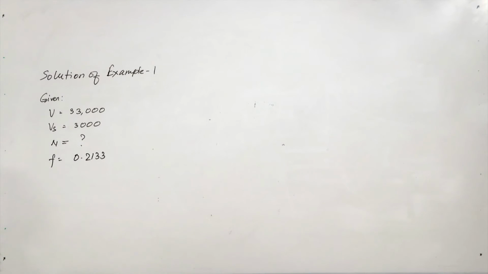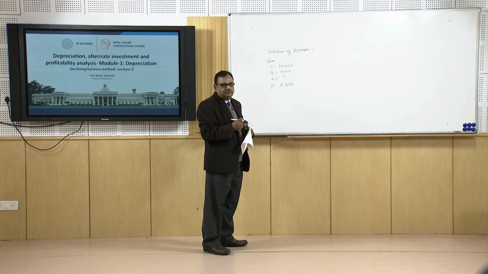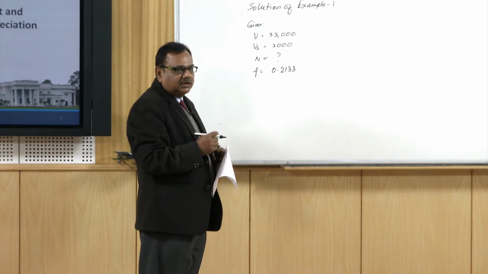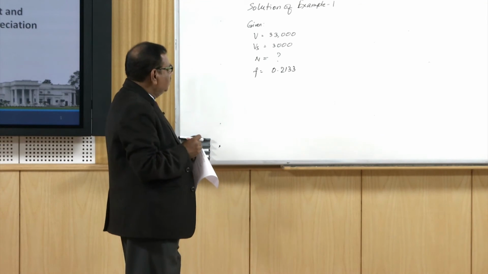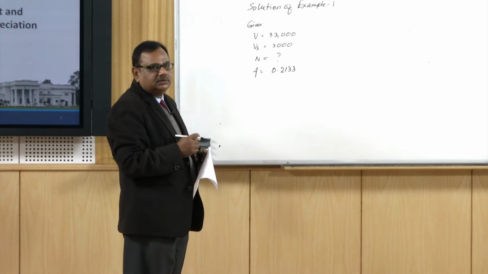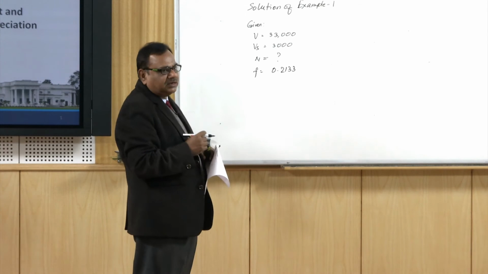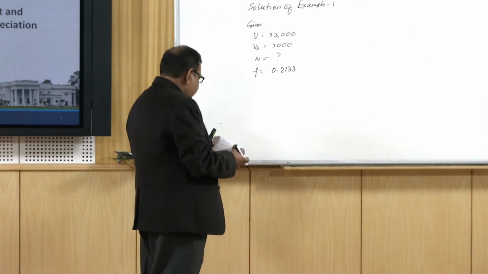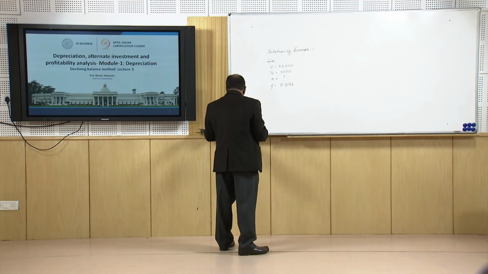So, my V is given, the original value of the equipment, Vs is given 3000, f is given 0.2133, but n is not given. I have to calculate the value of n. Now, we start with our formula.